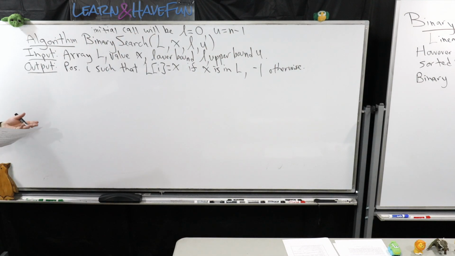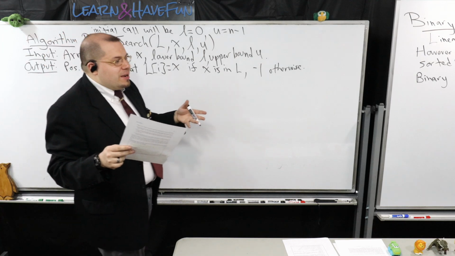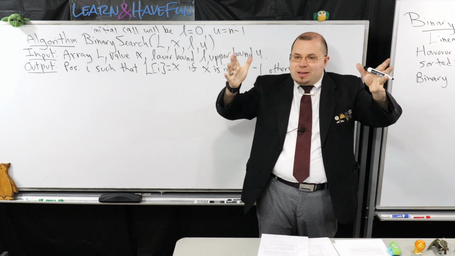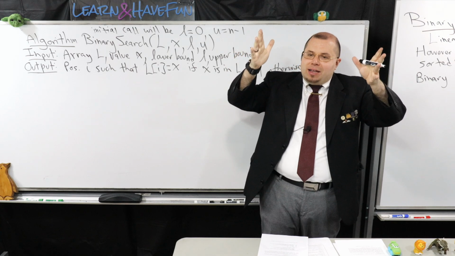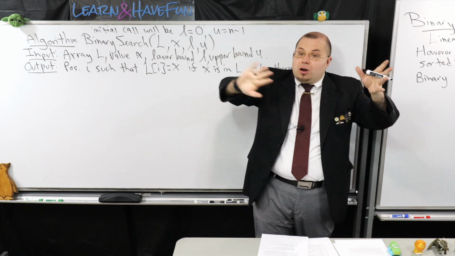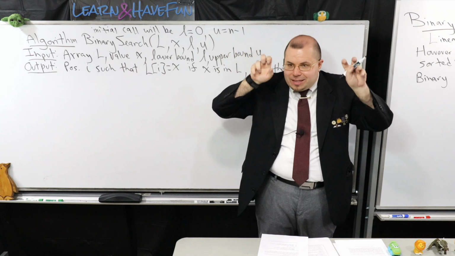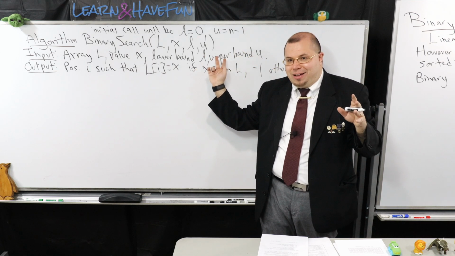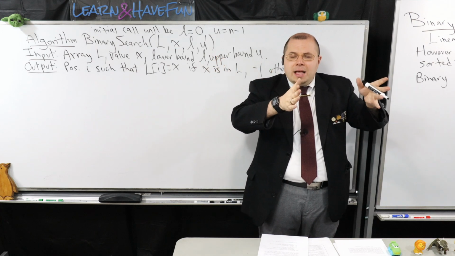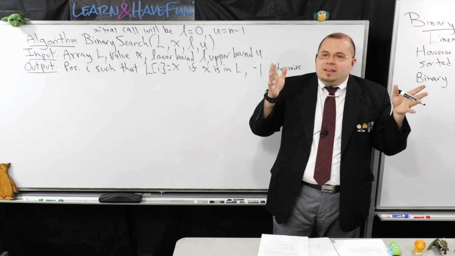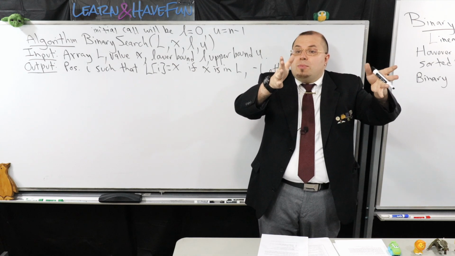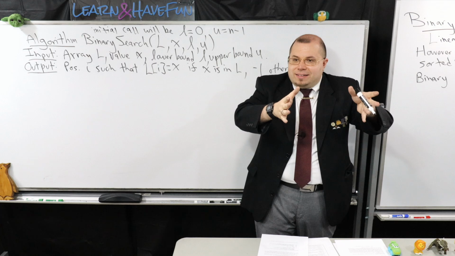So watch this. When we do binary search, imagine I'm examining my array, and every time I take my array and discard half of it, I'm not literally discarding it, it's just conceptually discarded by changing the values of L and U. Every time I do this, the number of elements I have yet to consider gets smaller.